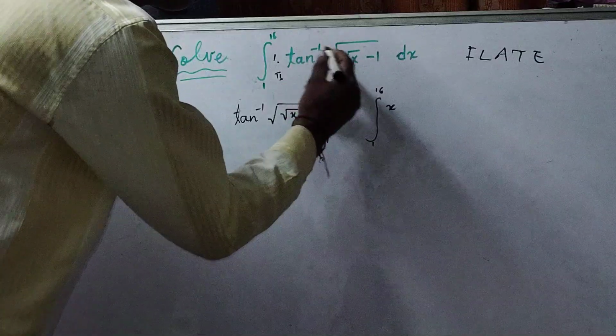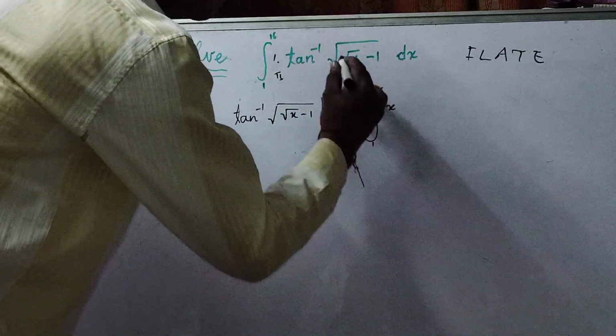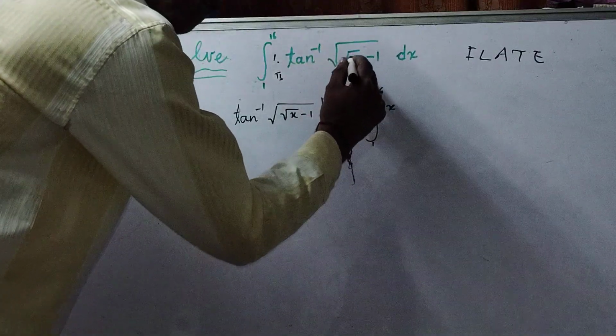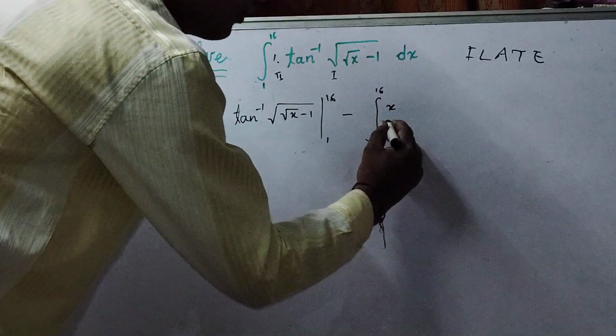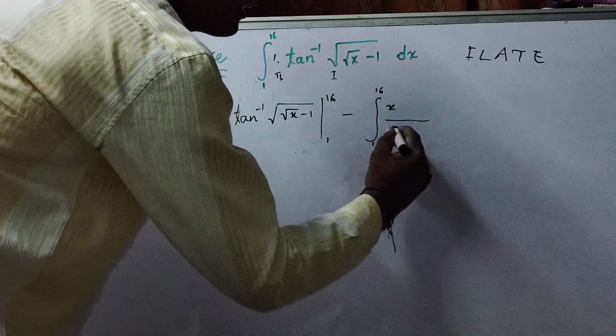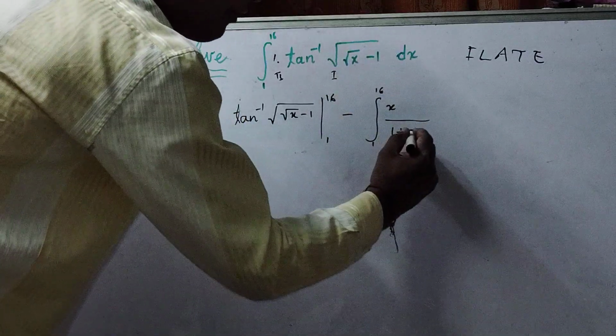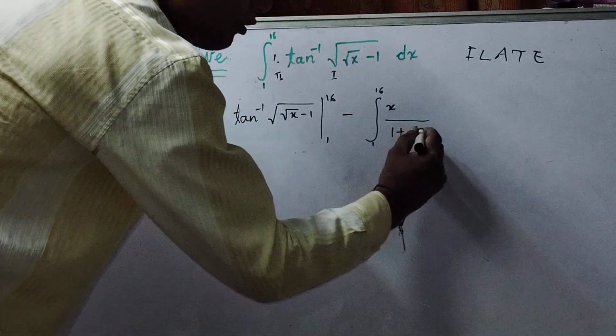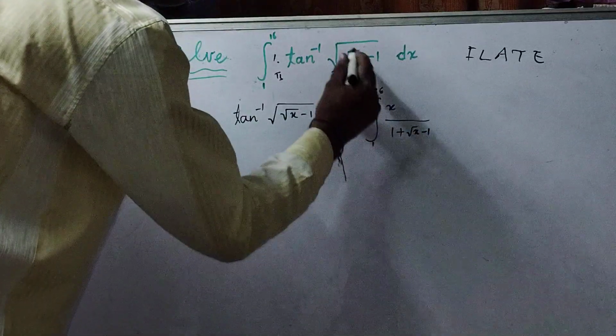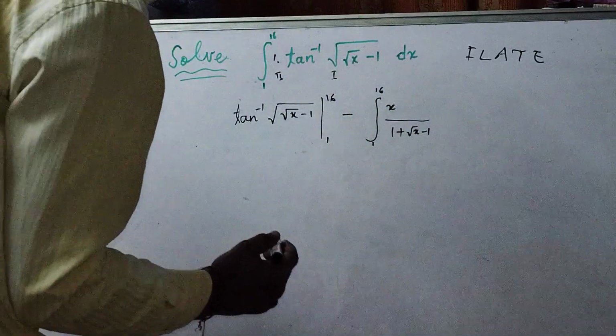Now differentiation of tan inverse of square root x minus 1. The derivative of tan inverse is 1 over 1 plus this term squared. This term squared is square root of x minus 1 squared, so the square cancels the square root sign.